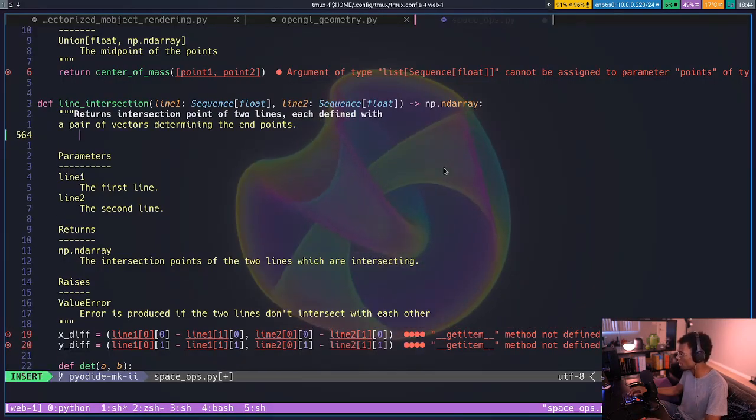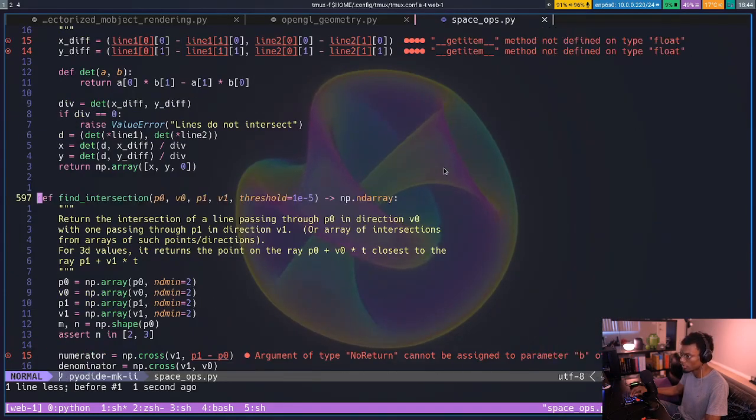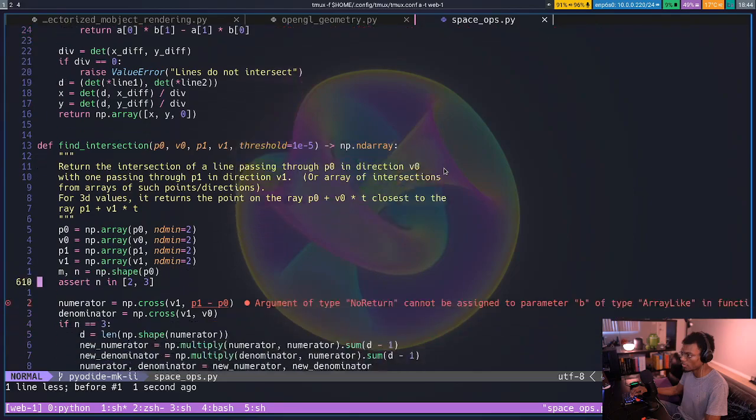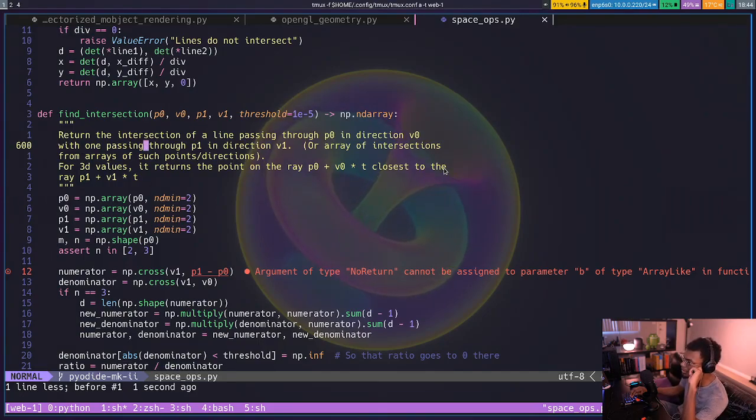What's the difference between this and get intersection? Find intersection: intersection of a line passing through P0 in direction V0 when passing through P1 in direction V1. This is actually more useful, I think.